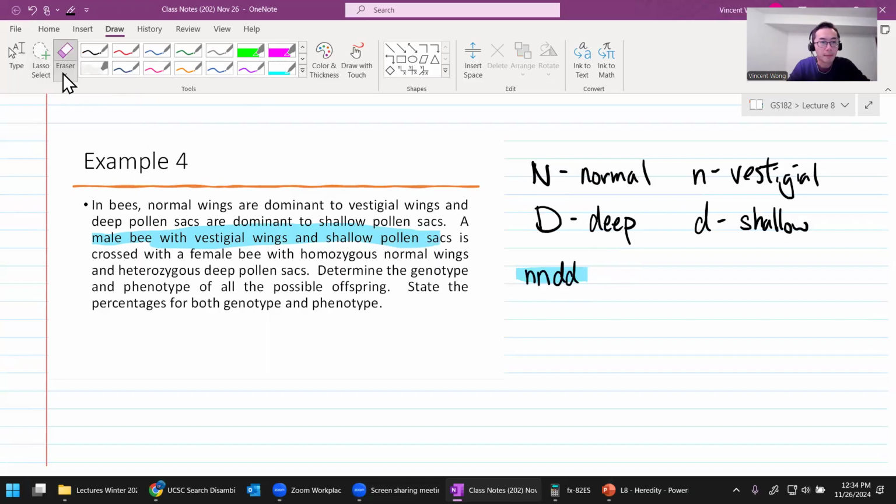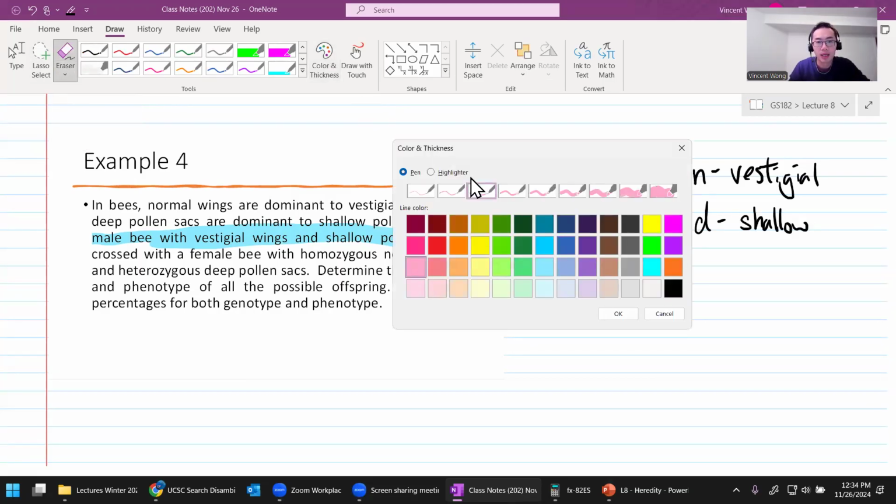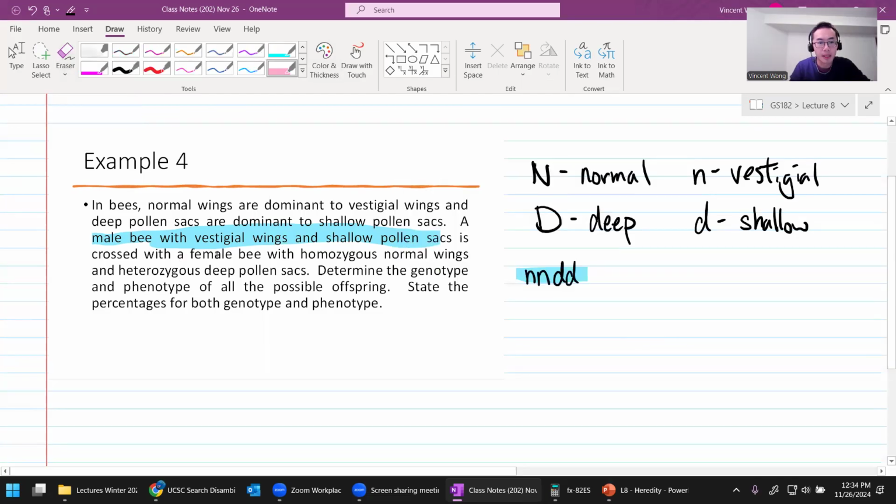that's the male bee. Next, we are going to find the genotype for the female bee, which in this case is homozygous normal wings and heterozygous deep pollen sac. So for the female, we would have big N, big N. Homozygous means the same.